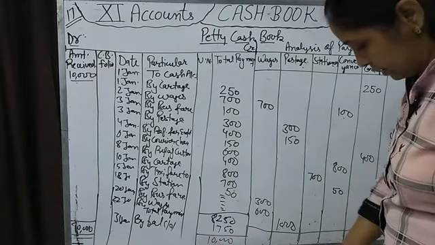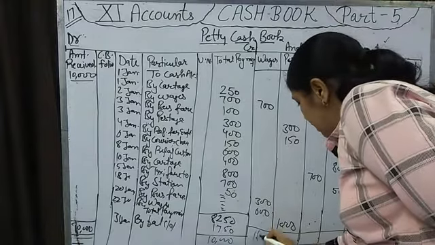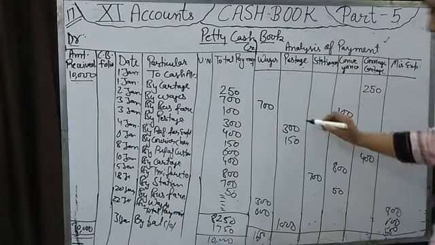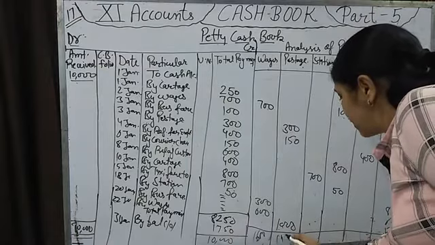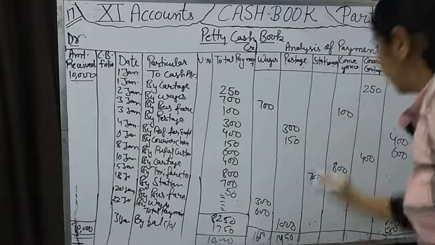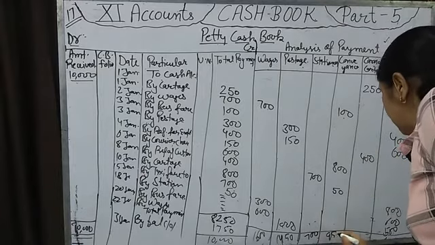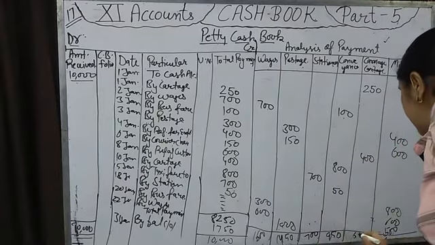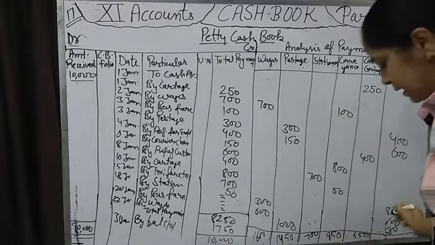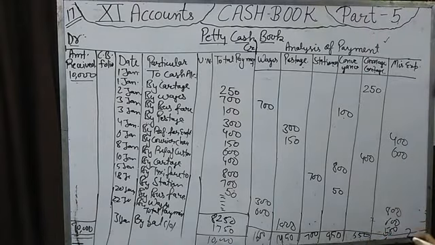Okay, and total of this is 1450, and total of this is 700, total of this is 950, total of this is 650, and total of miscellaneous expenditure is 2900. Okay, so this is the petty cash book format, and one question we have discussed, that is how to make the petty cash book.